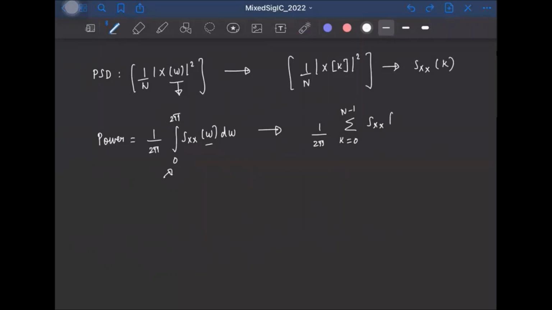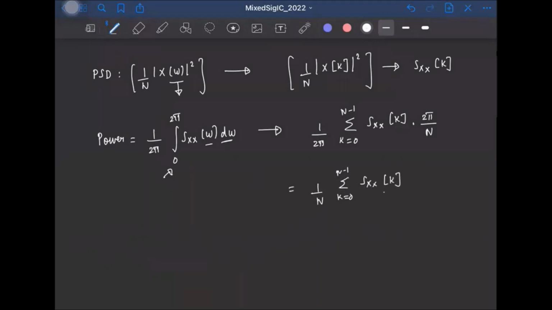So this should also be a discrete function of k. And we have d omega, and d omega is 2 pi by N. That's the frequency step we take. So this simplifies to 1 by N times summation k equal to 0 to N minus 1 of the power spectral density as a function of k.